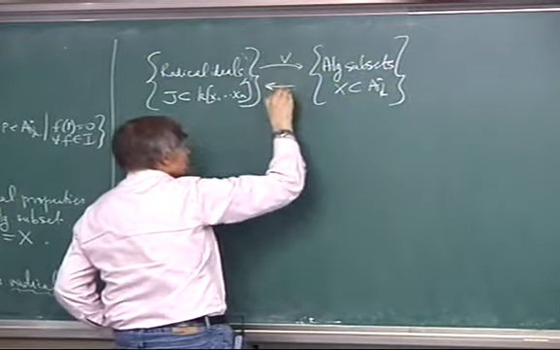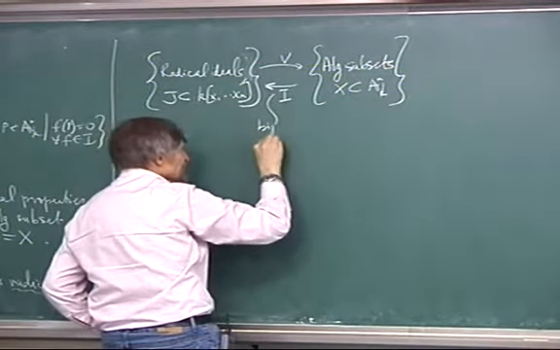So there's V and there's I here, and they are bijections.